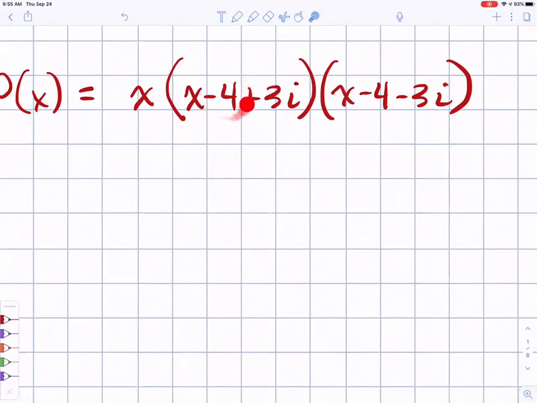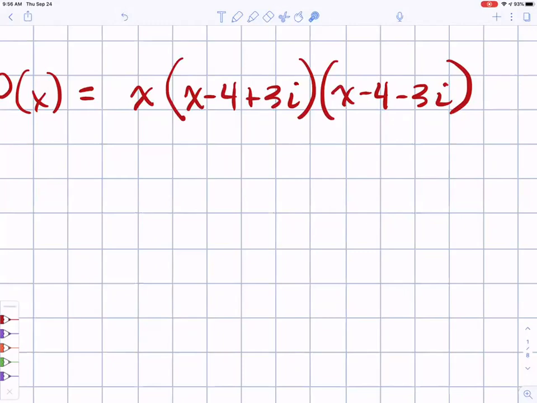And then take your negative 4, distribute it to the x, the negative 4, the negative 3i. And then take your positive 3i, and distribute it to the x, the negative 4, the negative 3i. And then you're going to have to combine all of your like terms and write it properly. And you better hope you don't make a small mistake in there somewhere, because if you make one tiny little error, the whole thing's wrong.